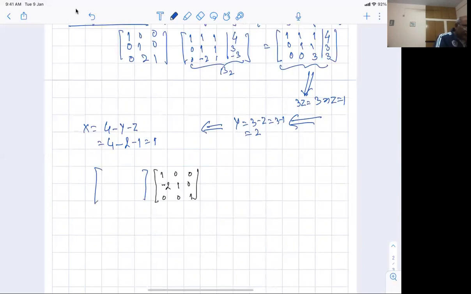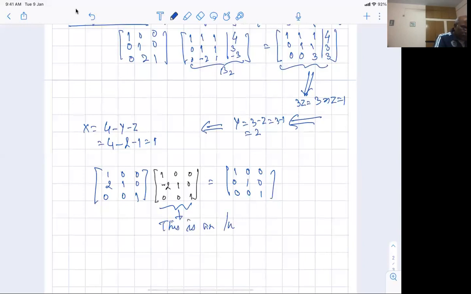If I multiply this, I want to get 0, 1, 0, 0, 0, 1. So the first row will remain the same. Third row will remain the same. And the second row, it was -2 here. So I just have to write 2 here, 1 here, 0 here. You can see that I get this part. All right. So it turns out that this is an invertible matrix.